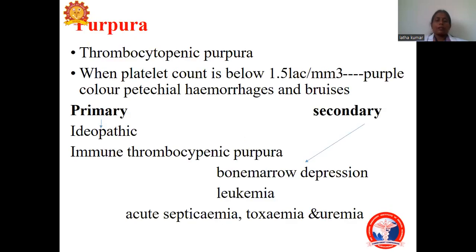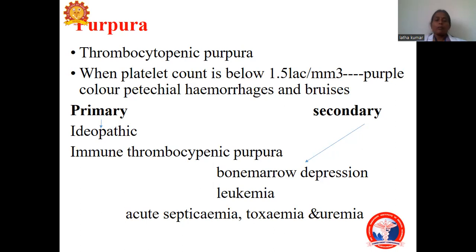So next, purpura. The first one is thrombocytopenic purpura. When the platelet count is below 1.5 lakh per cubic millimeter, purple colored petechial hemorrhages and bruises appear in the skin. There are two types of thrombocytopenic purpura, primary and secondary.